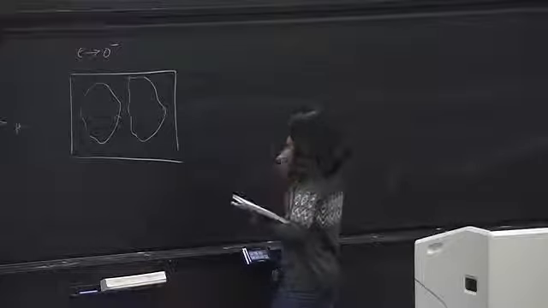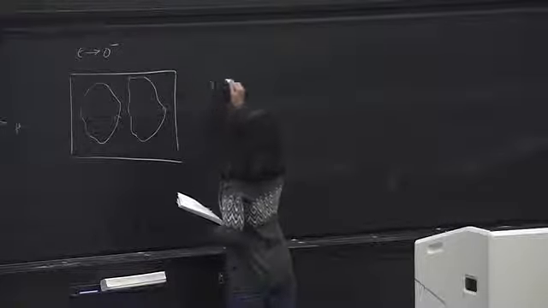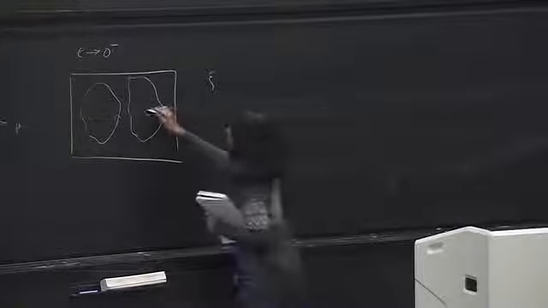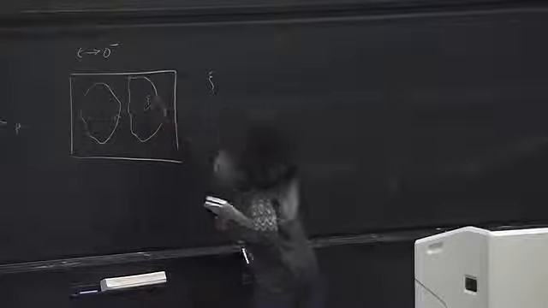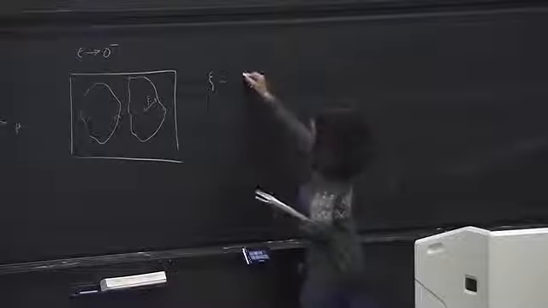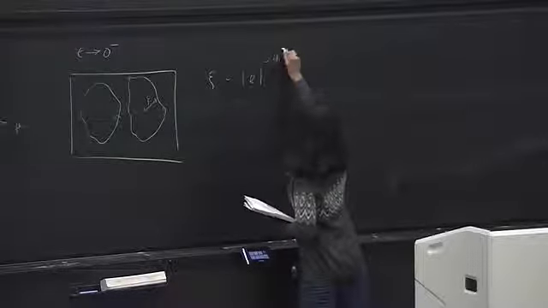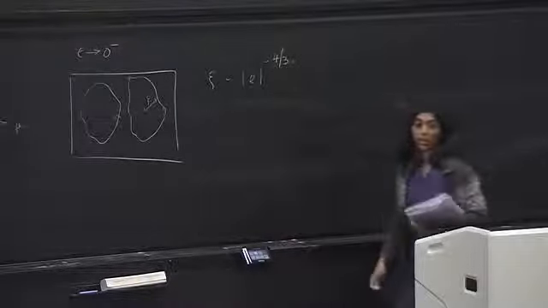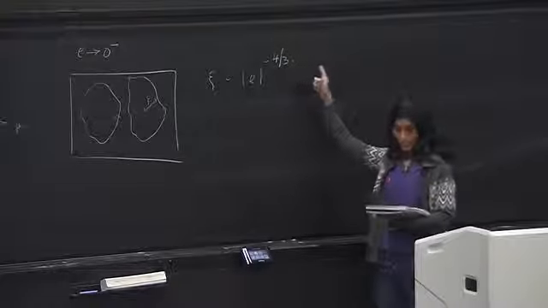So from percolation theory, the characteristic size of this puddle is known to grow as mod e to the power minus 4/3, okay?